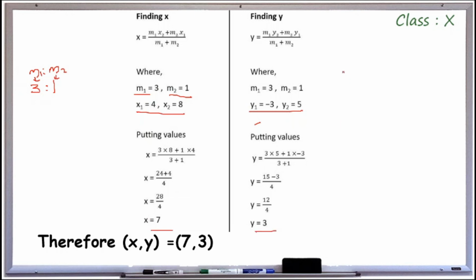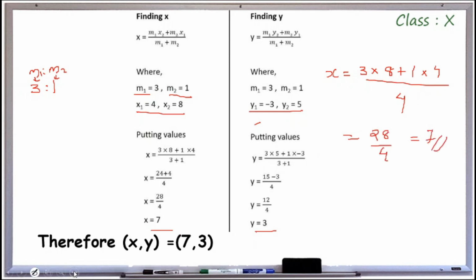We can check. X is equal to m1 x2, m1 here is 3 into x2 here is 8 plus m2 x1, here m2 is 1 and x1 is 4, by 3 plus 1, is equal to 8 into 3 is 24 plus 4, 28 by 4, we get 7.